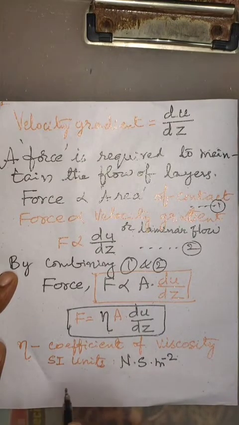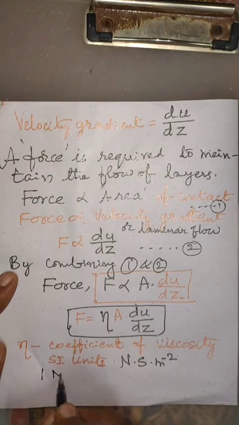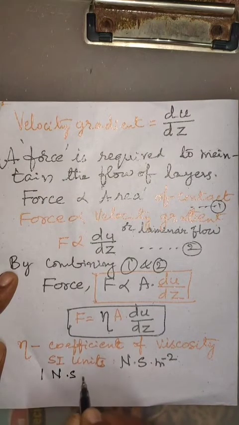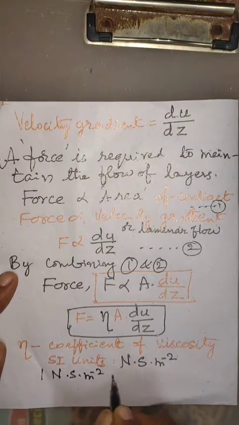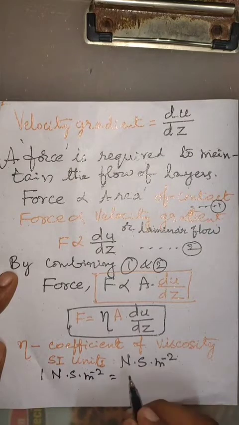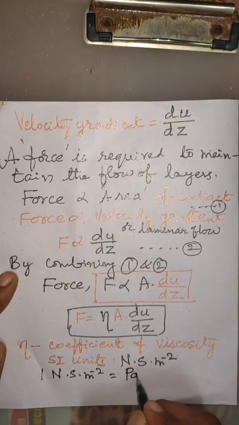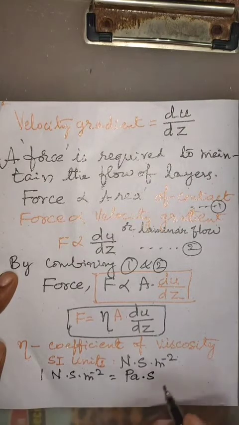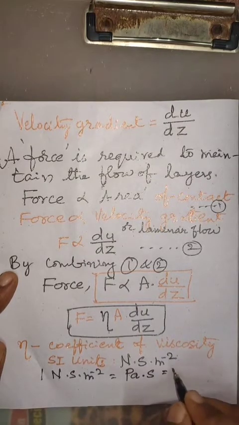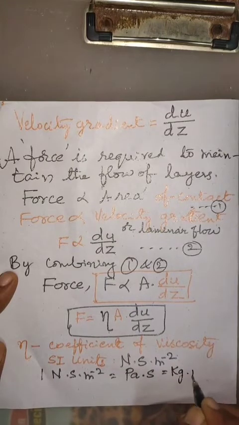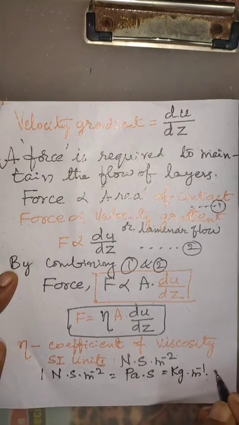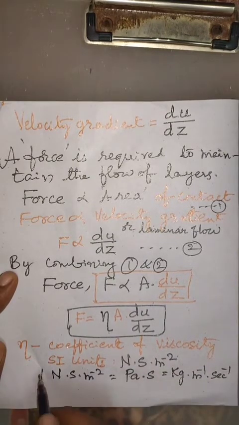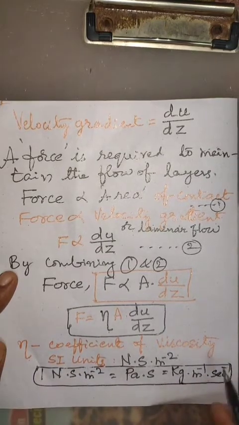Yes. 1 Newton second per meter square is equal to 1 Pascal second, that is equal to kg per meter per second. Yes, this is another relation from the point of view of units.